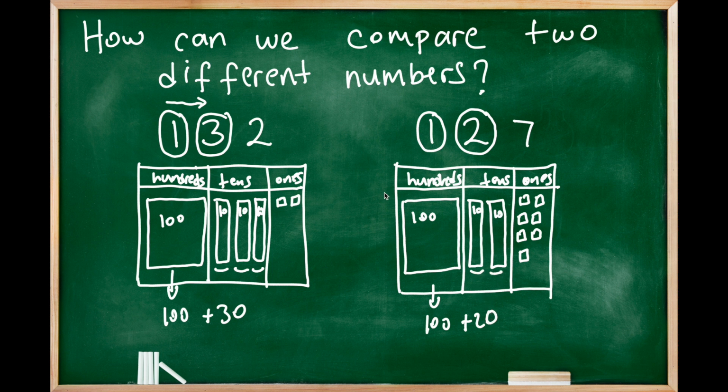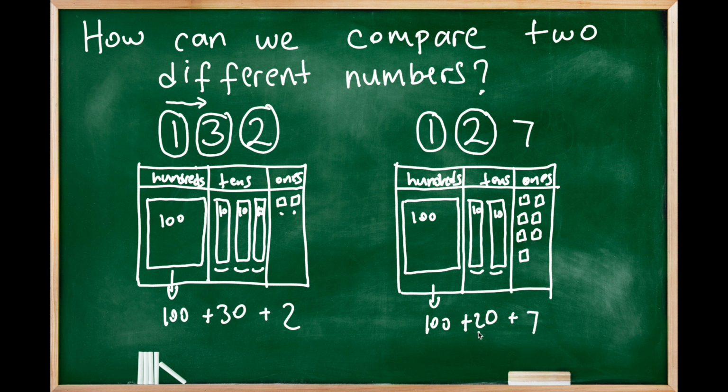So we see that it is 1 ten less than the first number. Even though the second number has more ones, these ones are smaller than these tens. In 132, the first number, we just have 2 ones here. In 127 we have 1, 2, 3, 4, 5, 6, 7 ones.